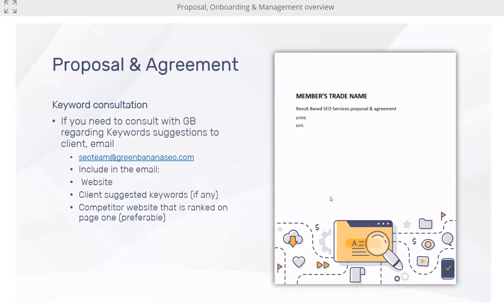Obviously, as part of the proposal, you might need to consult with GB in regards to keywords. Consultation via email only, and it goes to the SEO team at greenbananaseo.com, and you should include the website that you want to find keywords for, and client suggested keywords, i.e. after you talk with a client, what kind of keywords they think it should be ranked on.